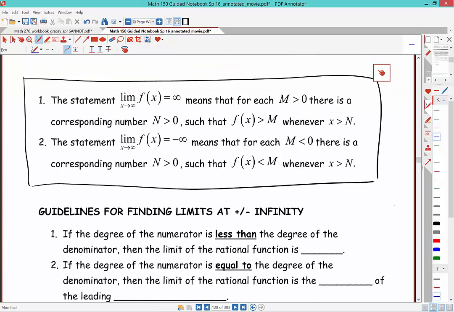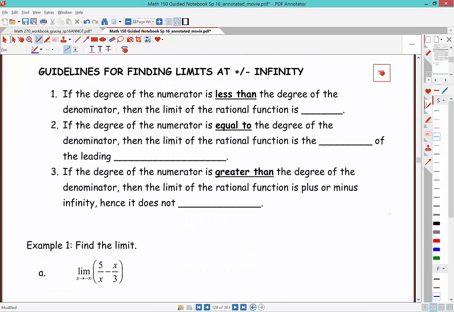So here we go. Let's look at some guidelines that you probably learned in pre-calculus.